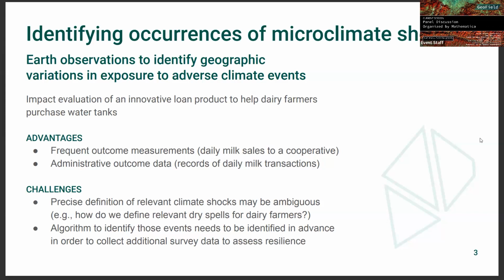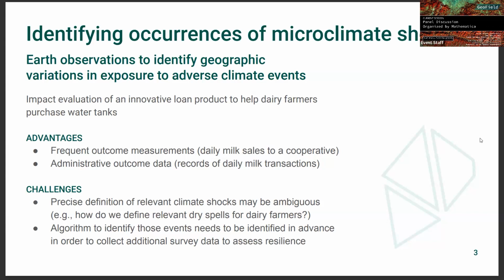But this is something that I would actually love to hear what other people have done in these cases where they are looking at microclimate shocks that are not well defined in the literature and somewhat continuous. And you can imagine this challenge applies to a lot of different climate adaptation technologies.